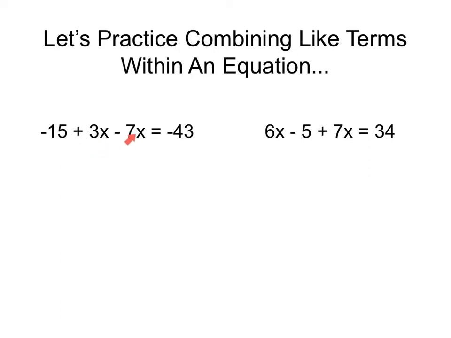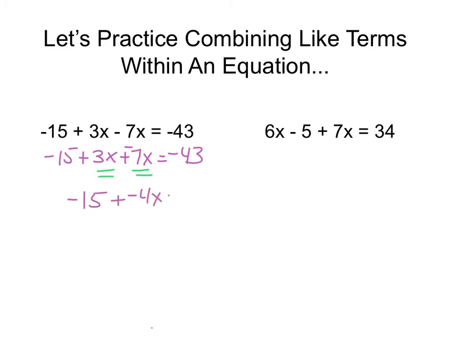So I'm going to add those two together to simplify this side of the equation. So let me rewrite it as negative 15 plus 3x plus negative 7x equals negative 43. And I'm going to add the 3x and the negative 7x to get negative 4x is equal to negative 43.